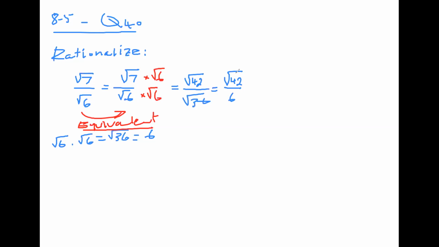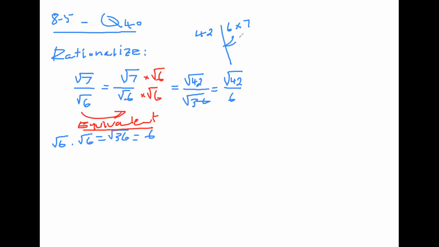Try to simplify the other radical. It's not a perfect radical, it's a decimal. But try to break this down into two numbers that multiply to 42. Maybe one of those numbers has a perfect radical. Give me all the combinations of numbers that multiply to 42. One of them is 6 and 7. What other numbers might multiply to 42? 2 and 21, that's right.